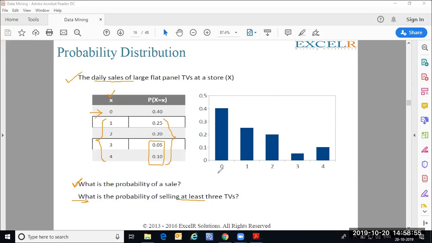So if I plot the number of TVs on the x-axis and the respective probabilities on the y-axis, which plot do we get?